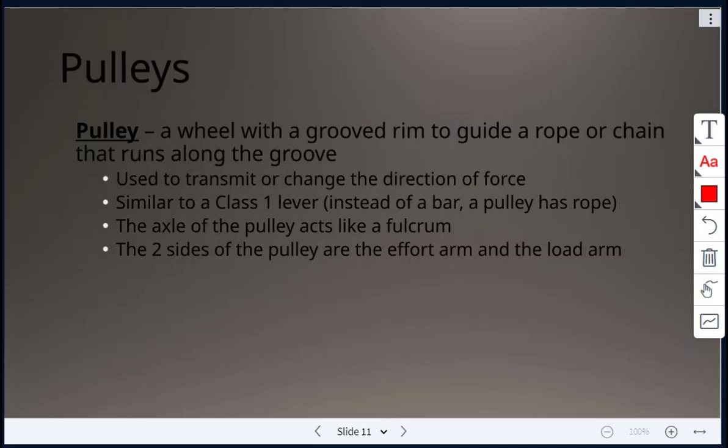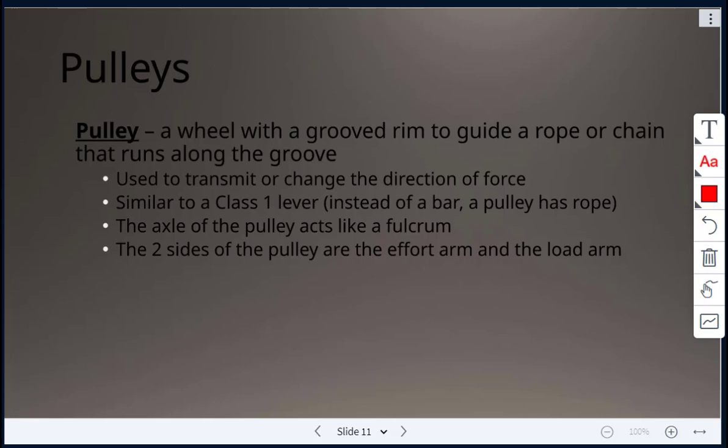Today's lesson we are going to look at pulleys. A pulley has a wheel. The wheel has a grooved rim, and there is a rope or a chain inside of that grooved rim, to guide that rope or chain as it runs along the groove. So it's used to transmit or change the direction of force.